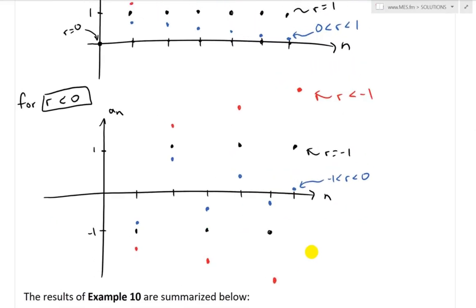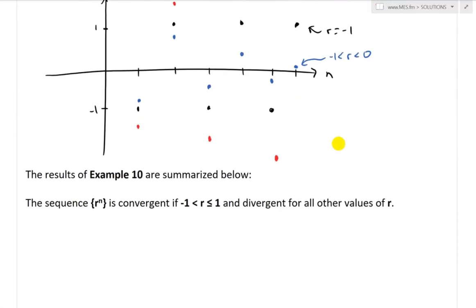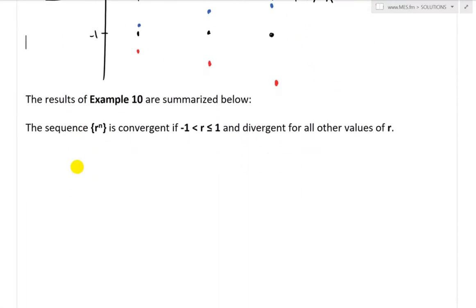Now we can sum this all up and summarize it. The results of example 10 are summarized below: the sequence r^n is convergent if r is greater than negative 1 and less than or equal to 1, and is divergent for all other values of r. The values of convergence: the limit as n approaches infinity of r^n equals, and we can write this as a giant bracket, 0 if r is greater than negative 1 and less than 1.